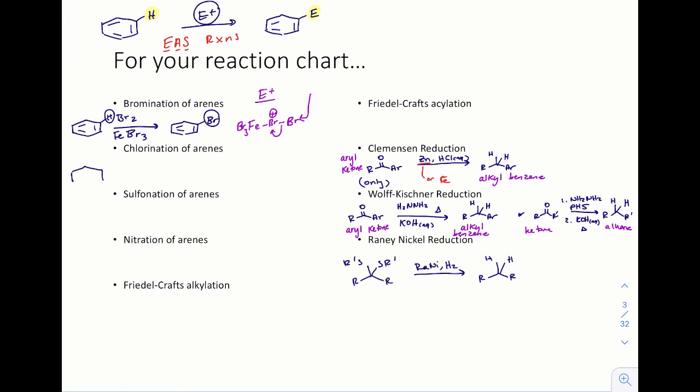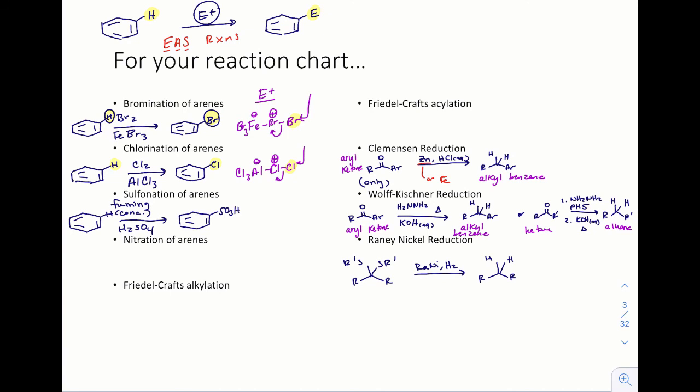Chlorination proceeded by an extremely similar mechanism. Instead of Br2, molecular chlorine was used, and instead of iron(III) bromide, aluminum chloride was used to convert molecular chlorine into an excellent leaving group and generate the active electrophile. Sulfonation occurs when fuming, concentrated sulfuric acid is added to benzene. The active electrophile is SO3H+.